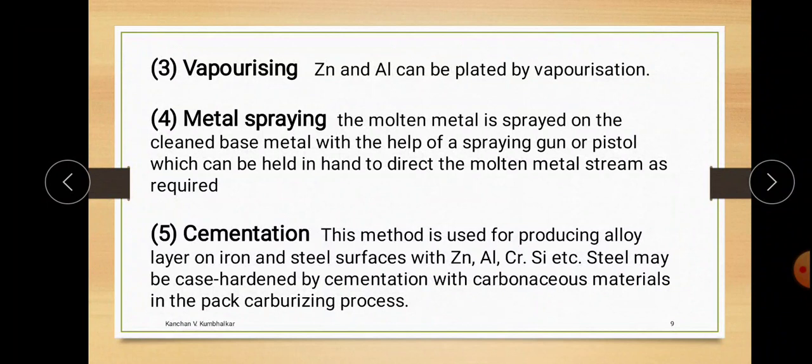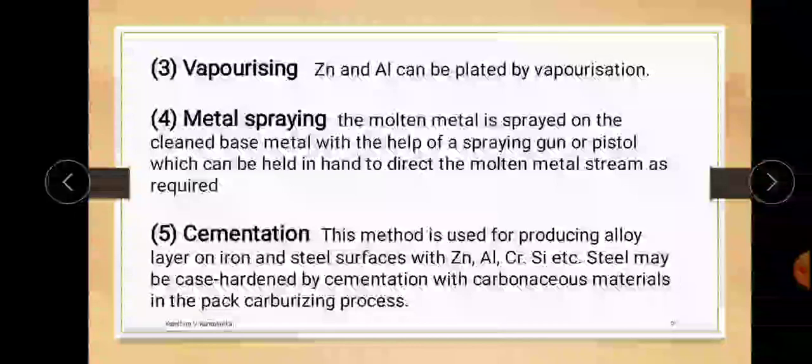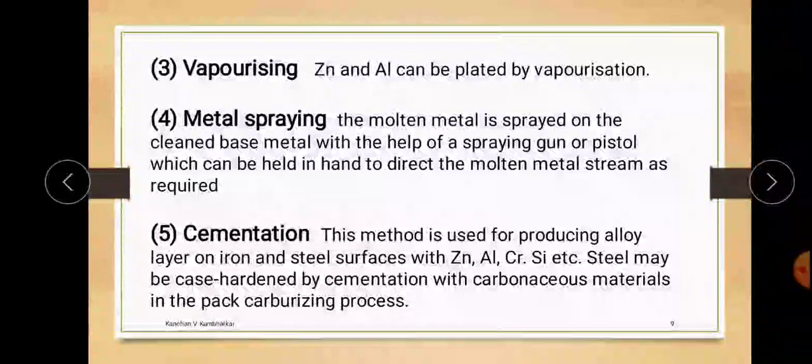In this method, the base metal articles are packed in the powdered coating metal or a mixture of powdered metal and a filler and are heated to a temperature just below the melting point of the more fusible metal. Generally, an inert or reducing atmosphere is maintained during the process.